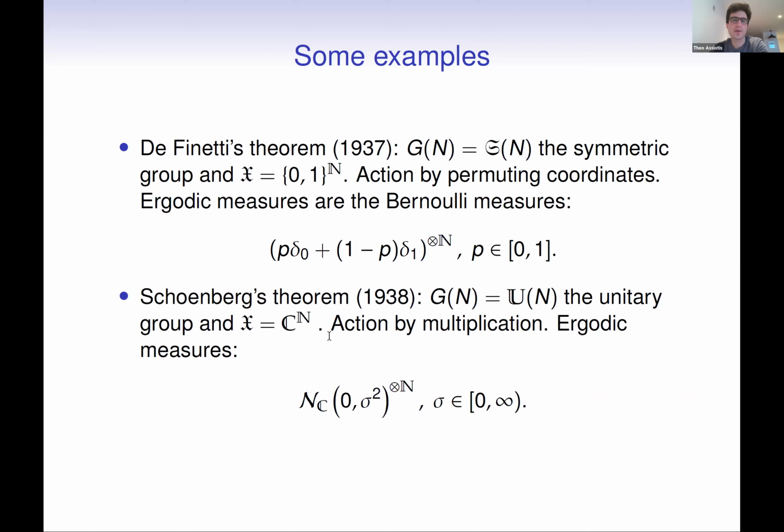A more advanced example is when we have the unitary groups, and now they're acting on C to the n. The action is by multiplication, and the ergodic measures are simply the IID complex Gaussian random variables, and then here we have, again, a parameter which is giving us the variance.